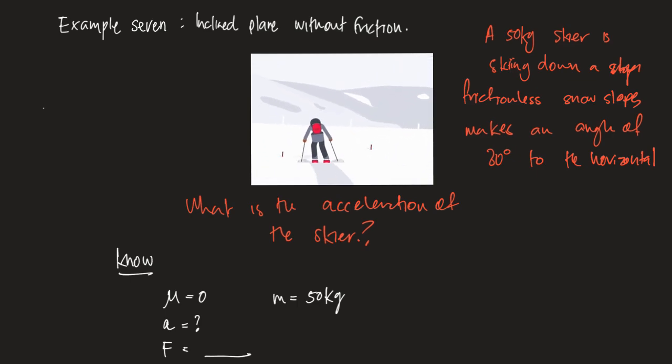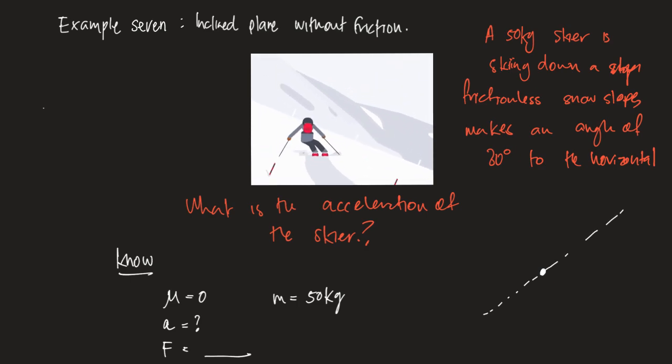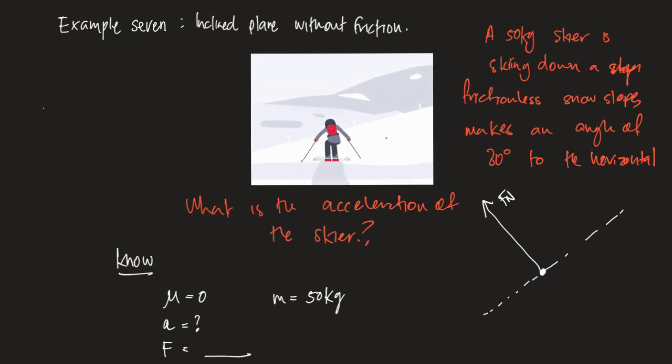So when I draw up my free body diagram, I've got my object sitting on some sort of incline. And going up from the surface, my skier has a force of the normal. Guys, when you're drawing these, please use a ruler. If you have no ruler, it is marked as incorrect. If they ask you to draw a free body diagram, it must be done with a ruler.